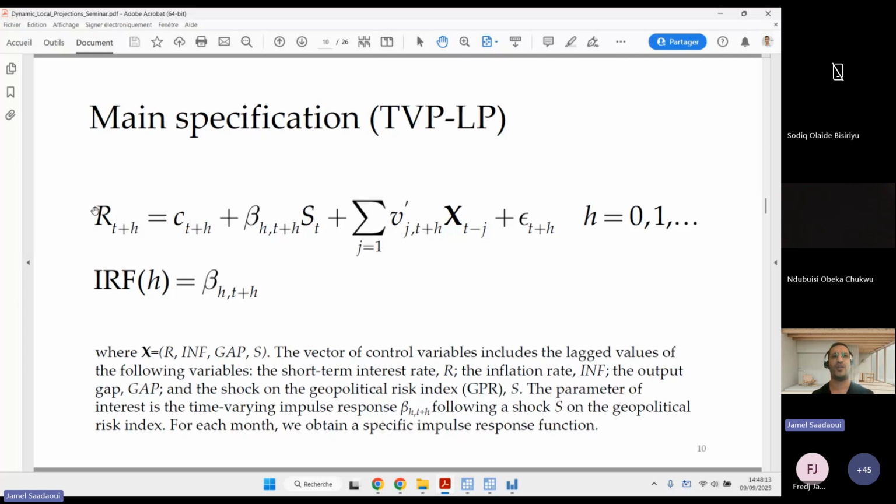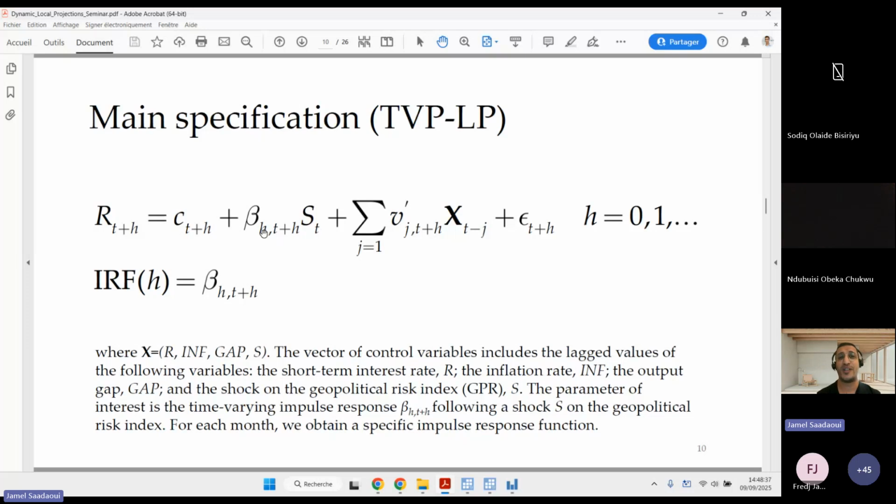So here we have the short-term interest rate, which will be regressed at each time horizon as before on a constant, which is a bit different at each time horizon, and we have a shock. The shock in my case is an increase in bilateral geopolitical risk. Geopolitical risk can be considered as exogenous to economic variables, so here we have a kind of narrative identification.